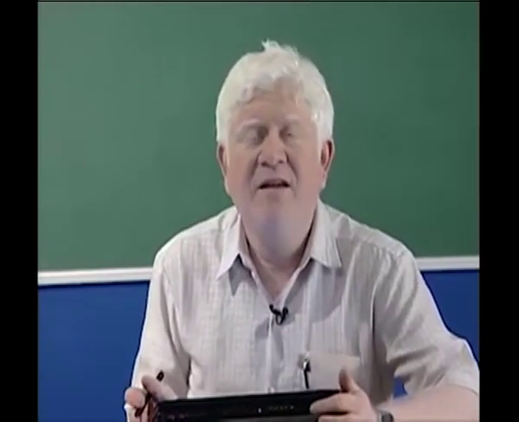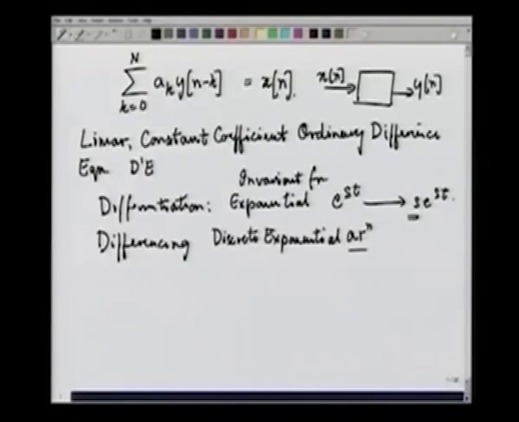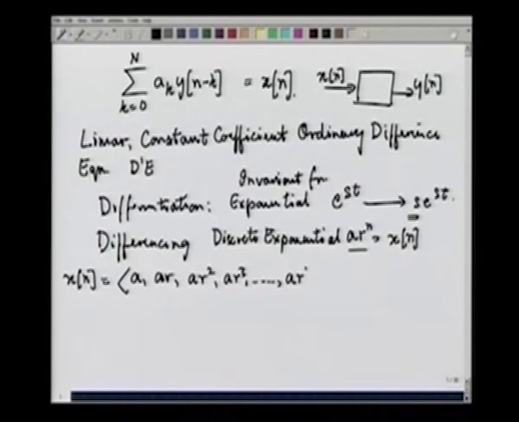So, well, let us take a typical discrete exponential sequence. If it is of the form a r to the power n, that is to say, if this is what we call x n, then the sequence of members of x n would be of the form a, a r, a r squared, a r cubed, and so on, a r to the power n, and continuing endlessly.